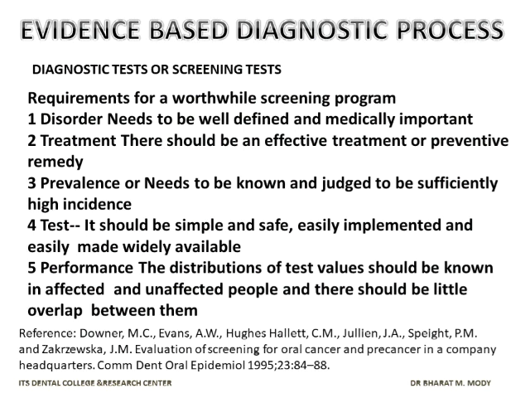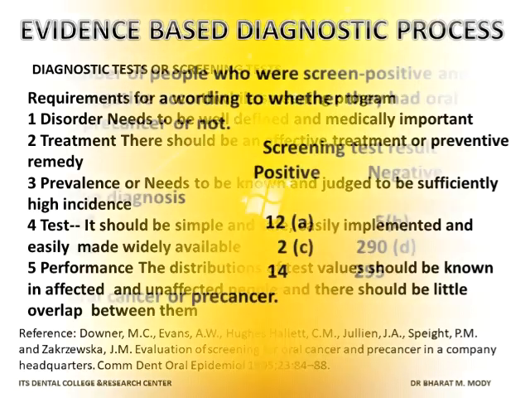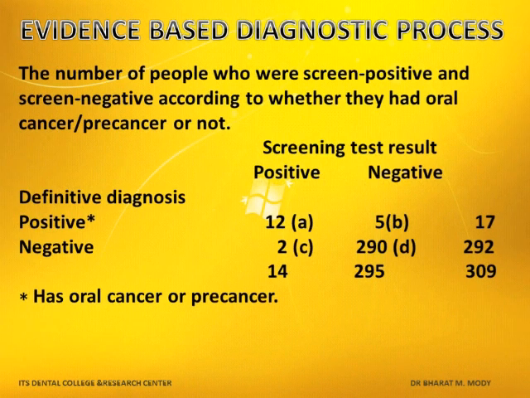The test should be safe, easily implemented, and widely available. And the performance values should differ between the affected and unaffected, with very little overlap. That means type 1 and type 2 errors should be as small as possible. This is what a screening test would be, and the reference we have given is Downer et al., for oral cancer.